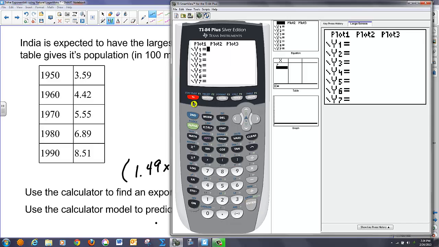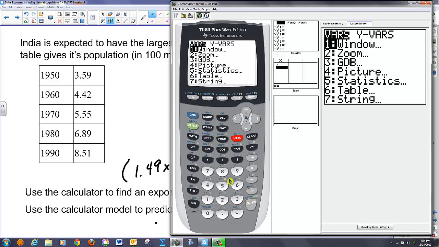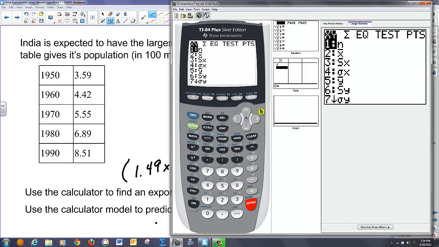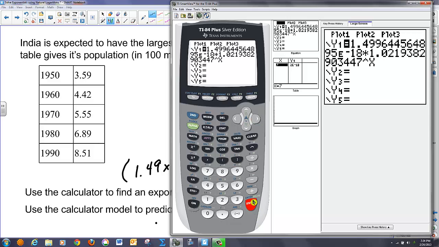So we're going to go to y equals, hit vars, go down to statistics, over to equation, regression equation, and that's going to plug in that exponential function that I had.